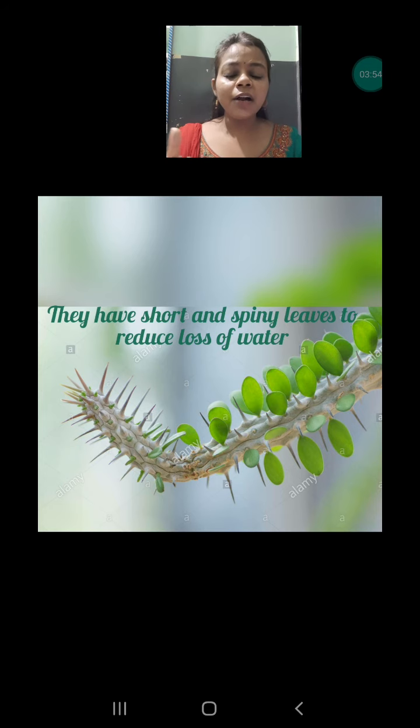First of all, they do so much hard work to get water, with their roots going deep into the ground. After that, if the water escaped, how would they survive? So they have reduced the leaves into spines, so that water is not lost from the plant. Some plants have thorns or spines, like cactus or the babool plant.